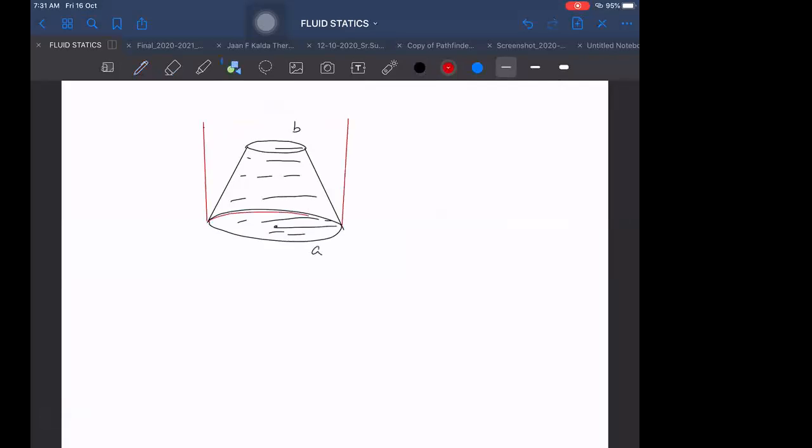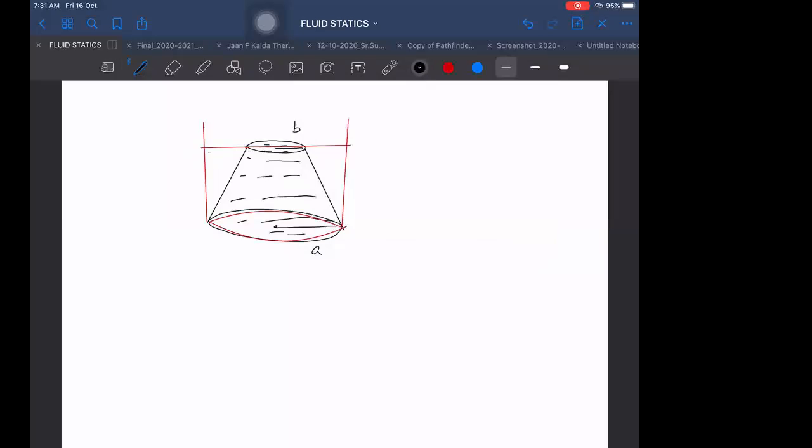And in this red colored container, I will fill it up to the height up to which the water is filled in the frustum. Up to that height only I will fill it up.